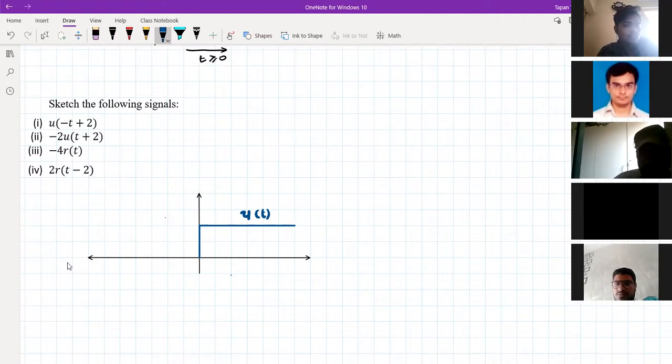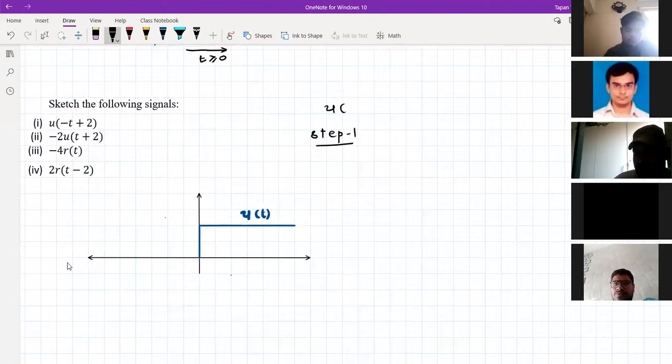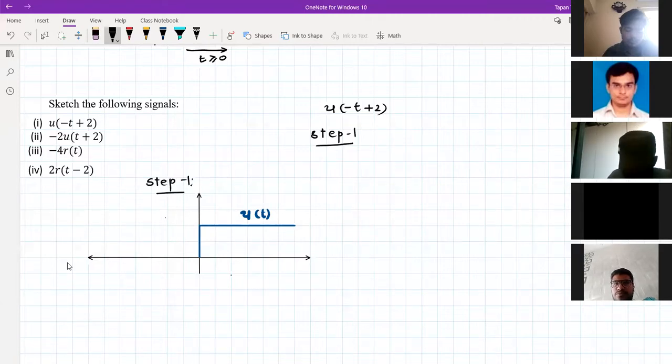when you are asked to draw a signal, you should always go stepwise. So step 1, if you are asked to draw, let us say, u of minus t plus 2, then step 1 is to draw the unit step function.